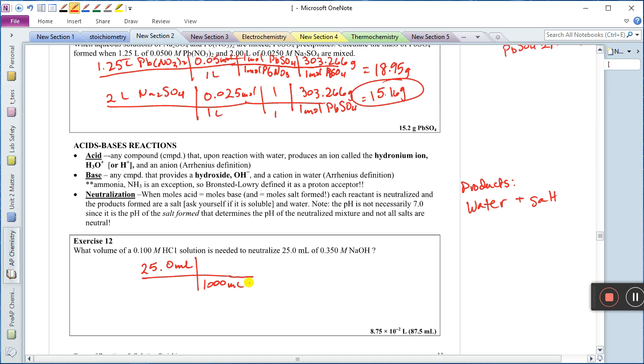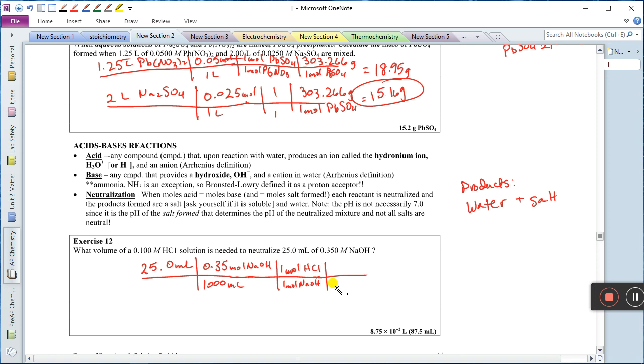And then how many moles are in my 1,000 milliliters? 0.35. Make sure we have things matched correctly because we're on NaOH right now. And when sodium hydroxide reacts with hydrochloric acid, what is my ratio? 1 to 1. And then, what am I trying to get to regarding my HCl?